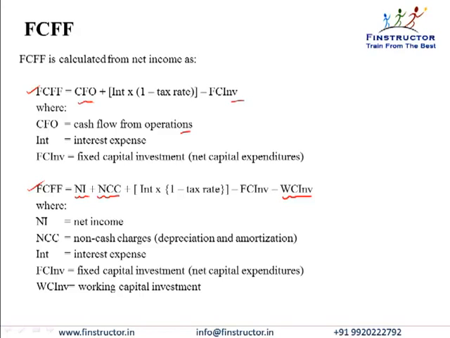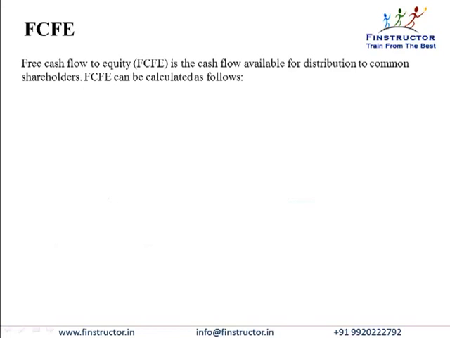Both of these is cash available to both my equity holders and debt holders. Free cash flow to equity is the cash available to equity holders or to common shareholders. So we can start with the free cash flow to firm to compute the free cash flow to equity.